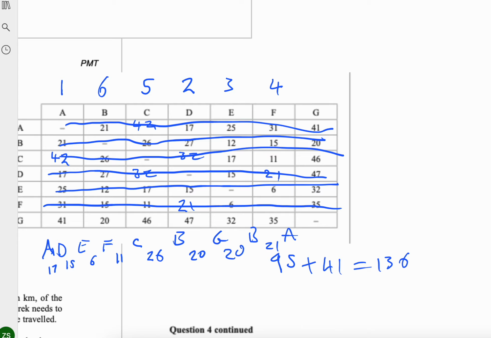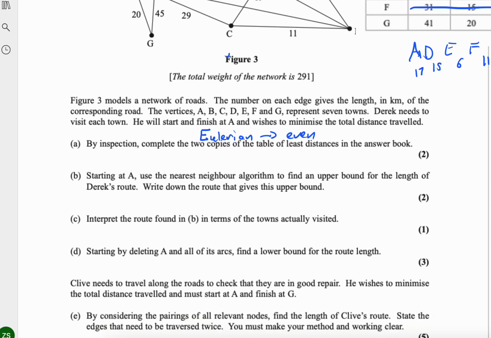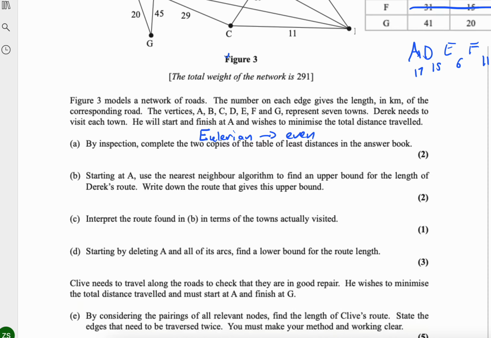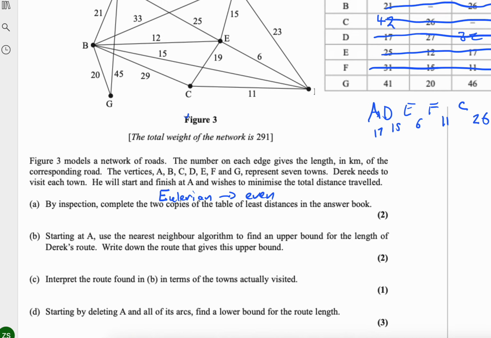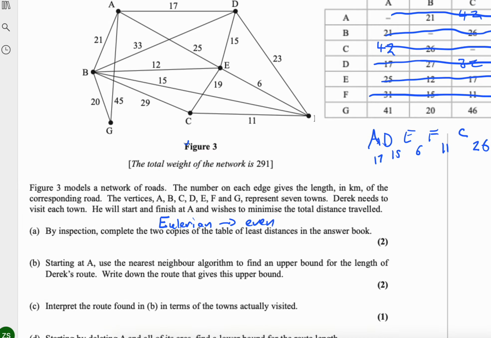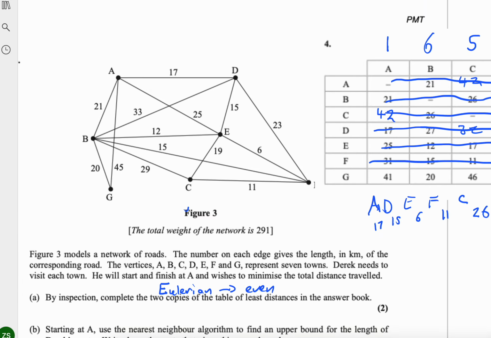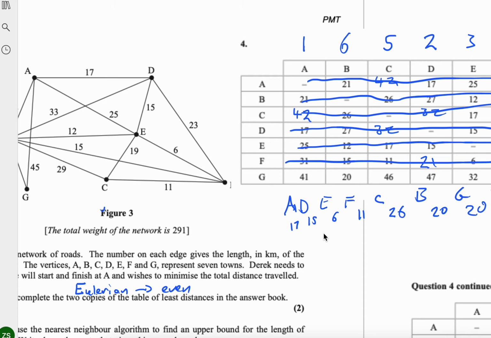Okay, next part C. Interpret the route found in B in terms of towns actually visited. What does that mean? The towns we went to. This was the distances between, but not the actual towns visited.